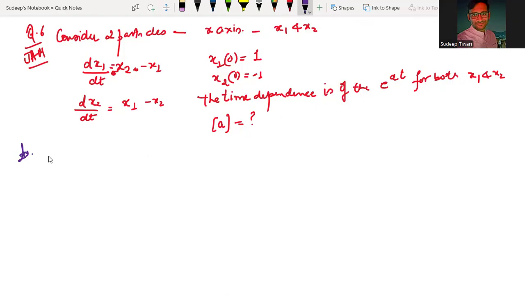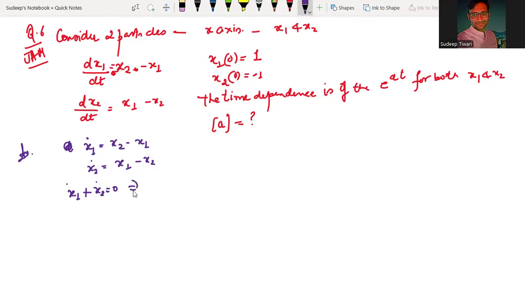From here you can clearly see that if I add both of them, I'll simply write it in dot notation: x1 dot is equal to x2 minus x1, and x2 dot is equal to x1 minus x2. If you add both of them, you simply get x1 dot plus x2 dot is equal to 0.